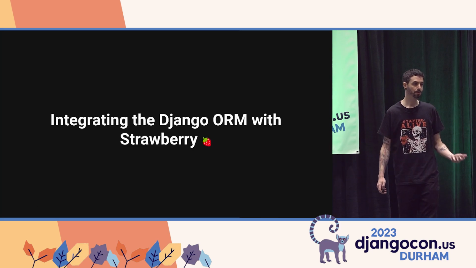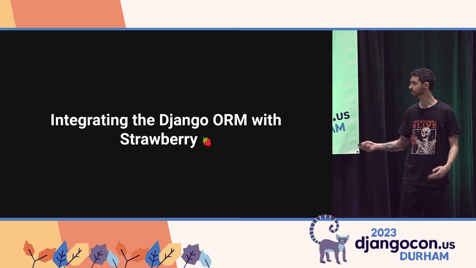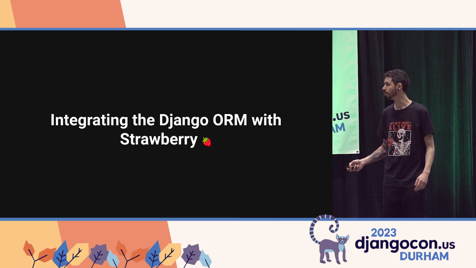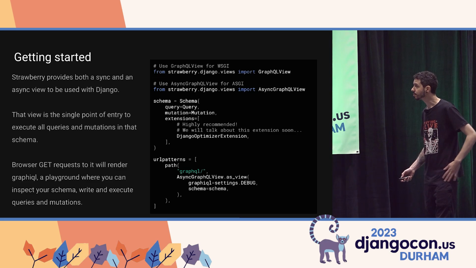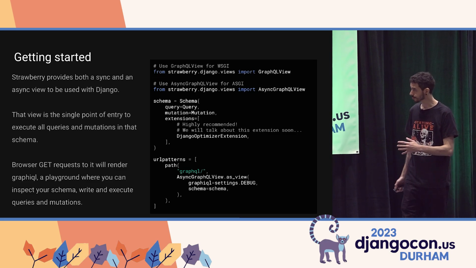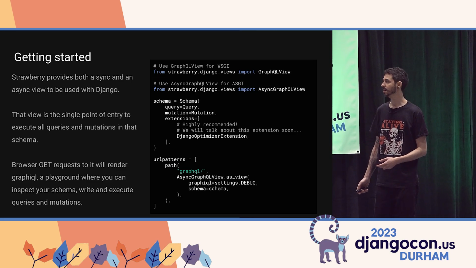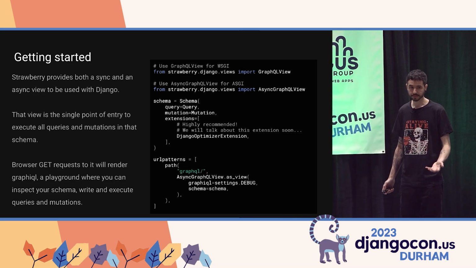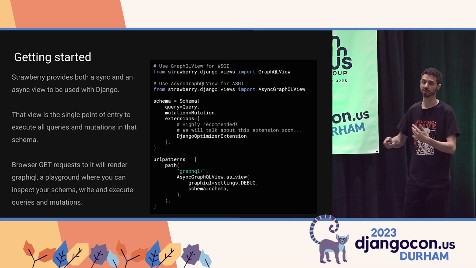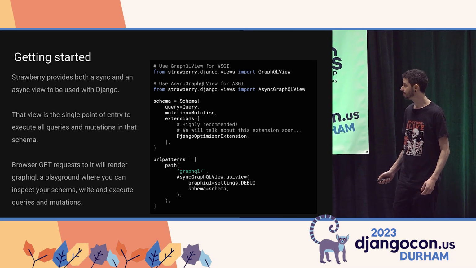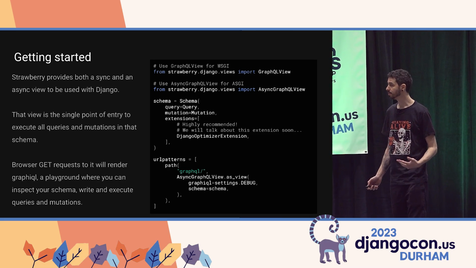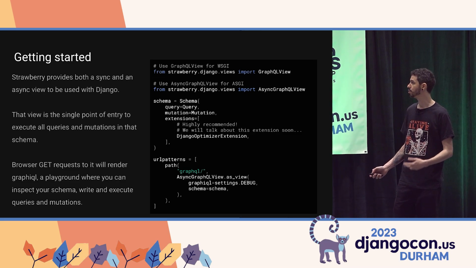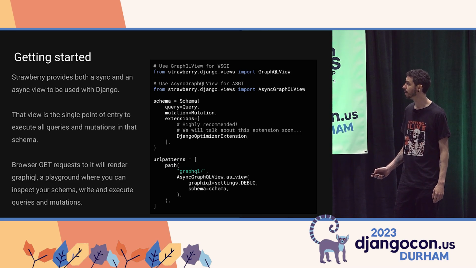So now, how to integrate those with the Django ORM? Getting started with that, firstly, we want to be able to expose the GraphQL, especially because we want to start playing with it. And there is nothing much that we need to do. We just need to expose a view.